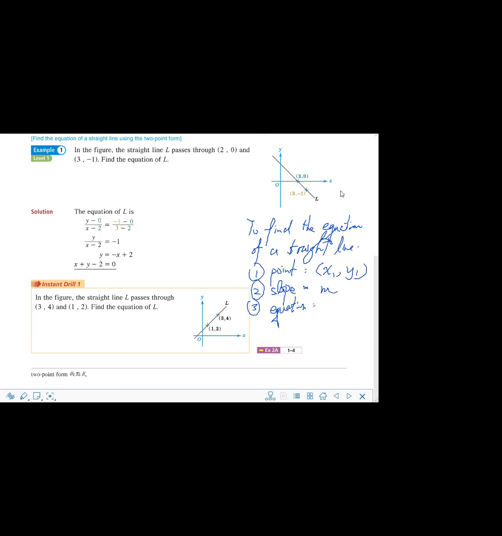Point slope form is y minus y1 equals m times x minus x1. After writing down this point slope form, we will simplify this equation to be in general form, that is ax plus by plus c equals 0.